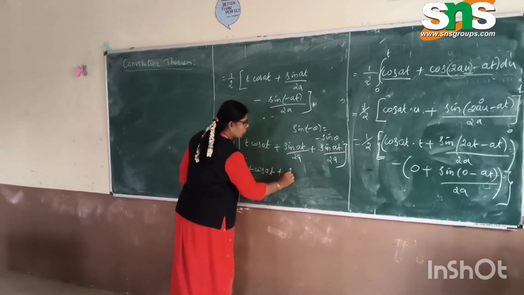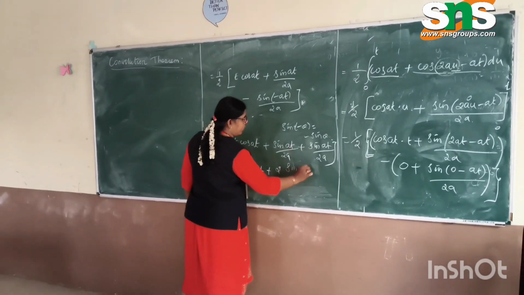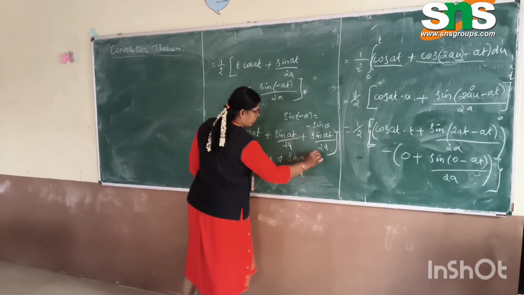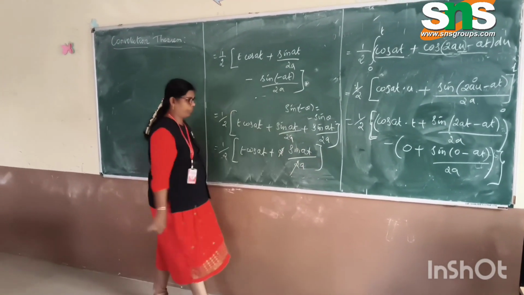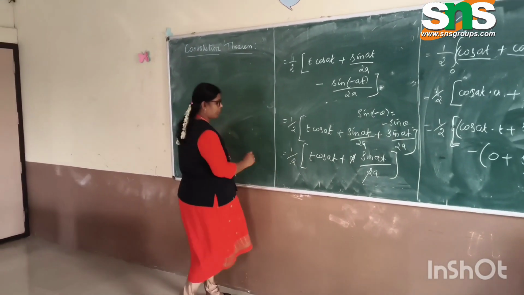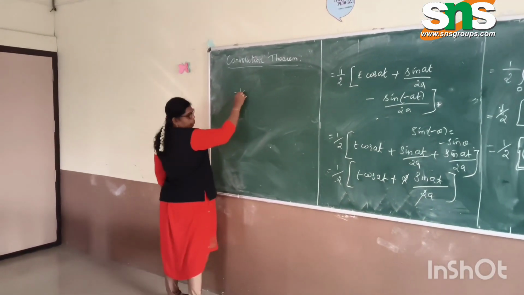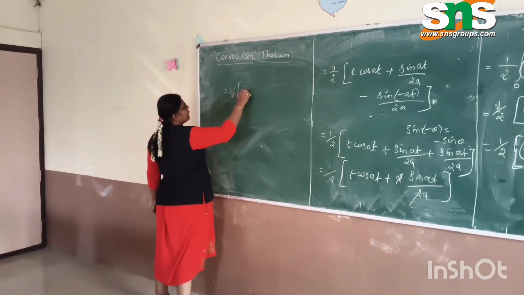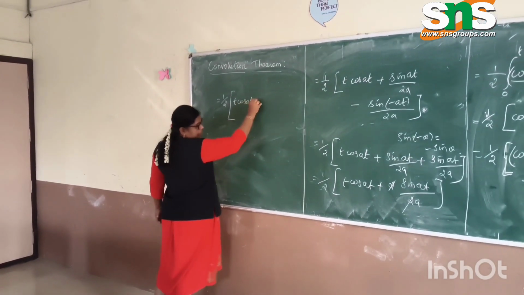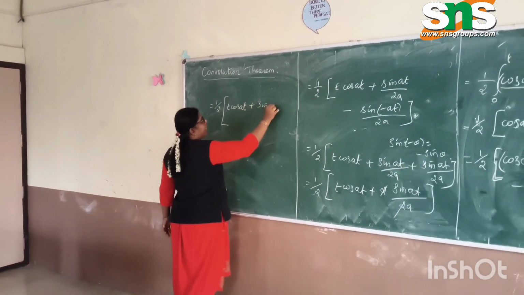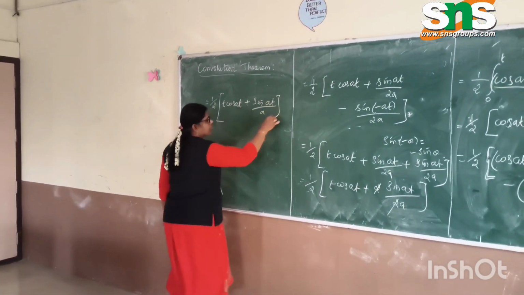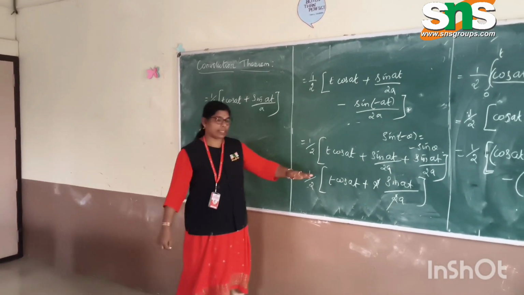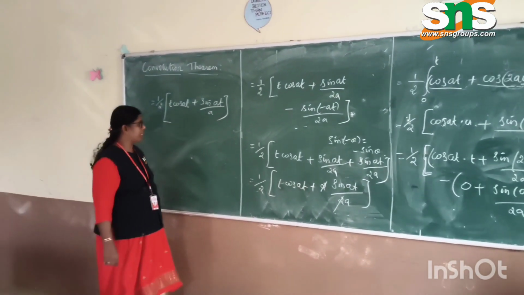Adding these two terms gives two times sin at by 2a. Cancelling the 2, the remaining term is 1 by 2 t cos at plus sin at by a.